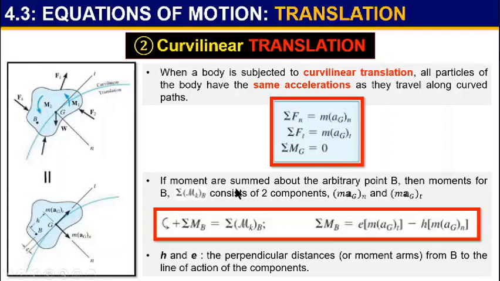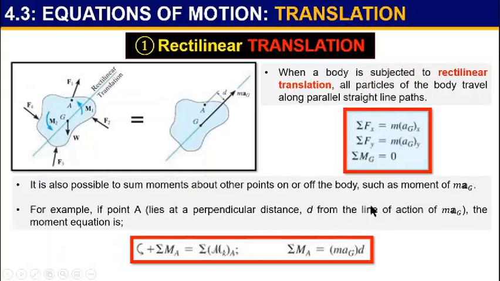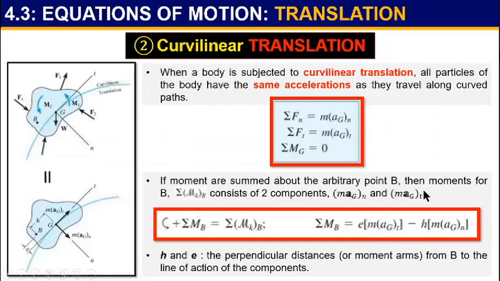If moments are summed about an arbitrary point B, we have point B here, then moments about B consist of two components, m aGn and m aGt. Actually this one is equal to this one; however, it is divided into normal and tangential components.